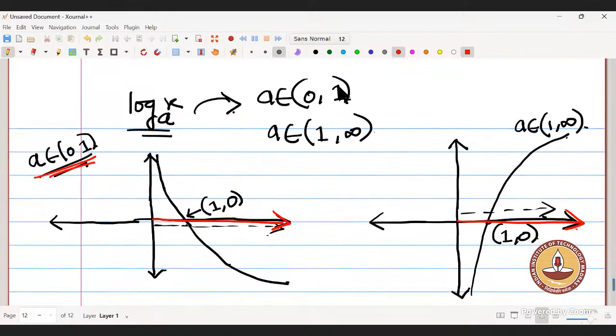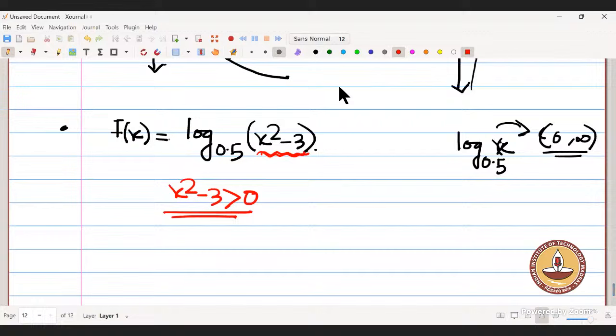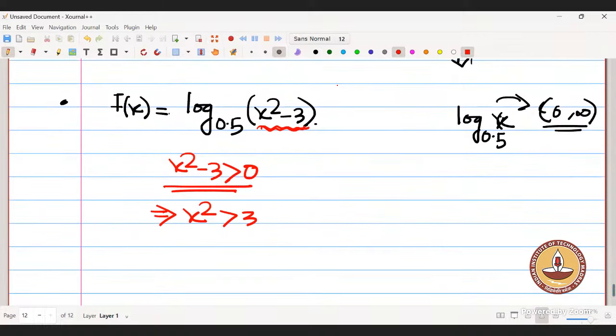Okay, sir. So you want this x square minus 3 to be greater than 0. That means you want x square to be greater than 3. Then what will be the range of this x?